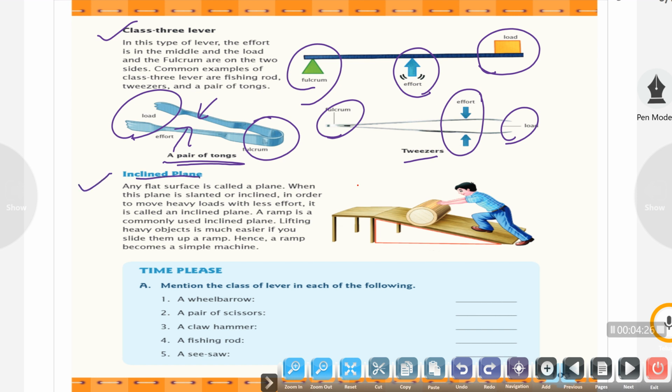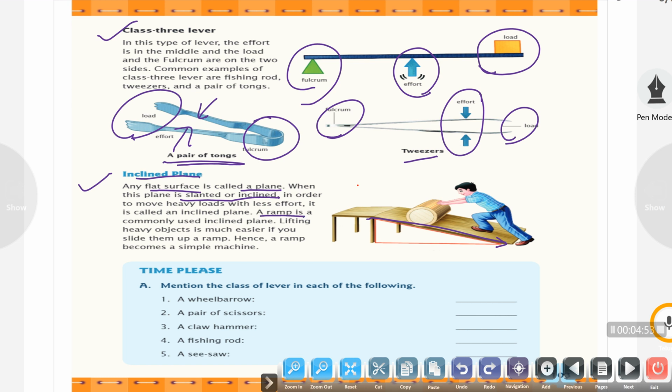Second is inclined plane. Any flat surface is called a plane. When this plane is slanted or inclined like this, then this is called inclined plane. Heavy loads can be moved very easily, or we can say can move with less effort.